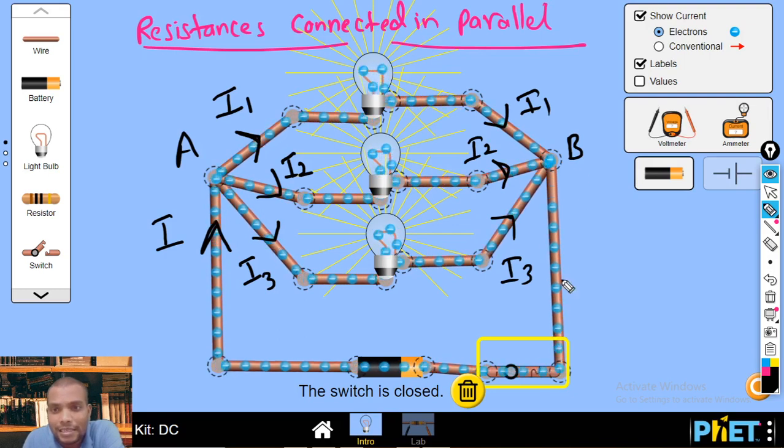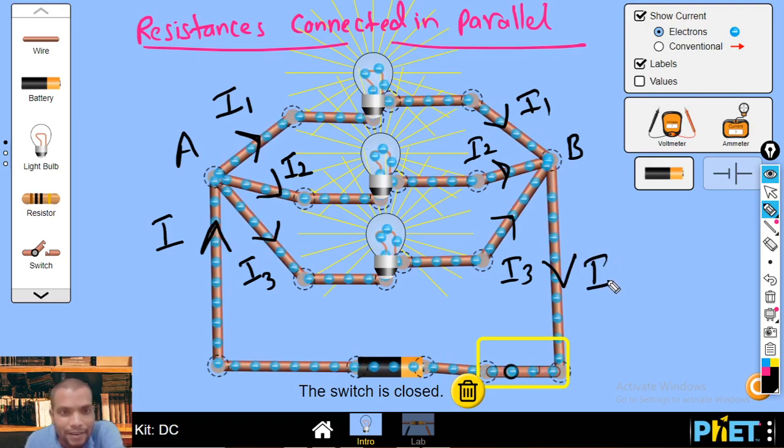Again at junction B, the total current equals I. At junction A the current is splitting, I equals I1 plus I2 plus I3, and at junction B the same currents are adding.